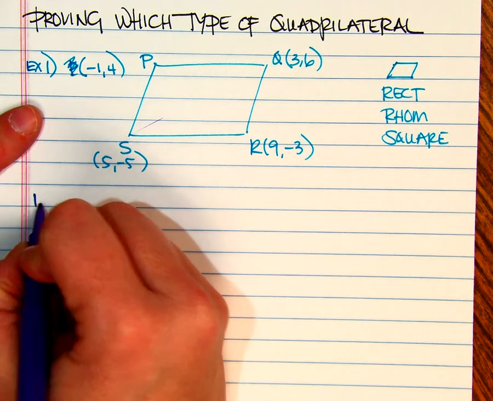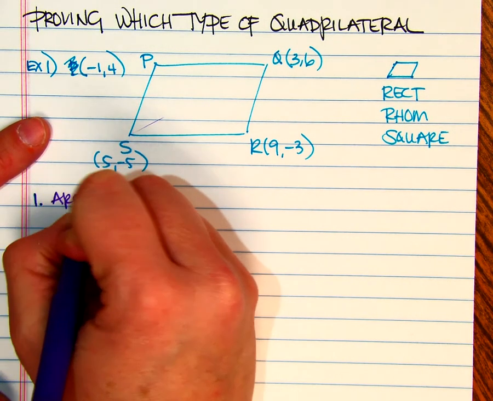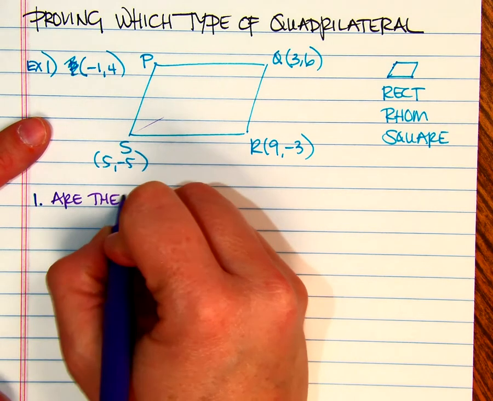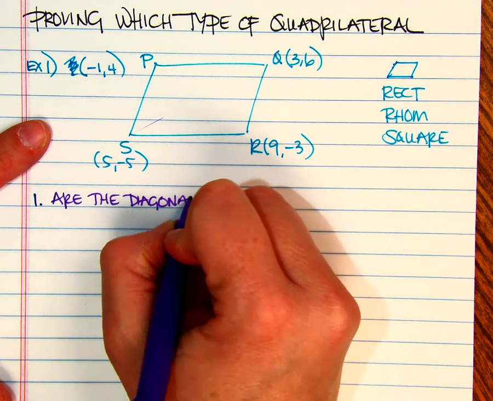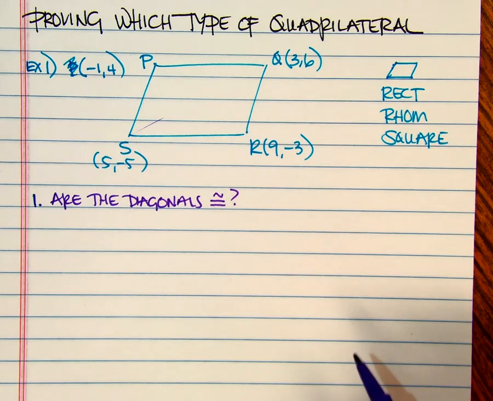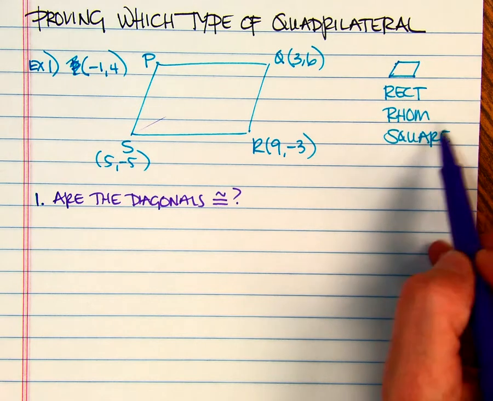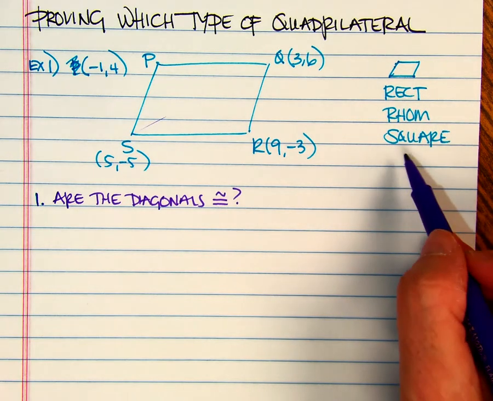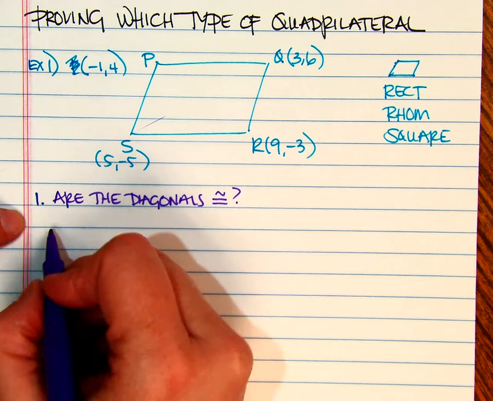So I'm going to ask myself, are the diagonals congruent? If they are congruent, what does that rule in? Or if they aren't congruent, what does that rule out? Okay? So I'm going to use diagonals.